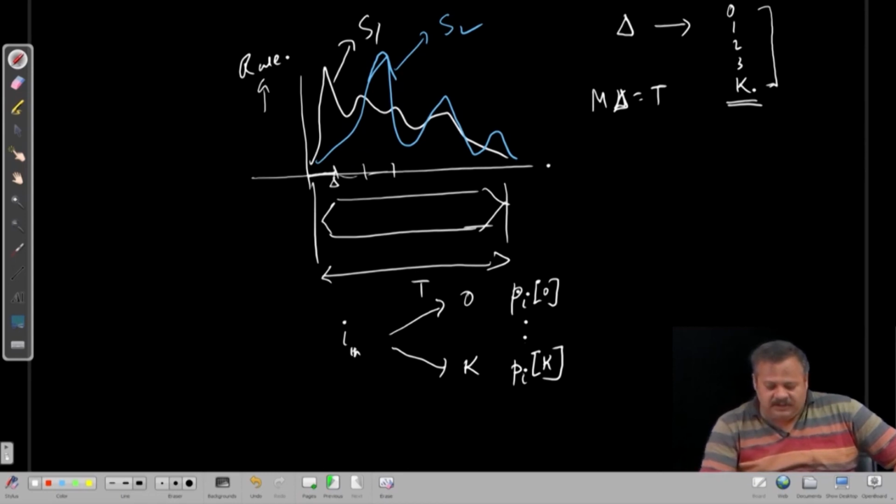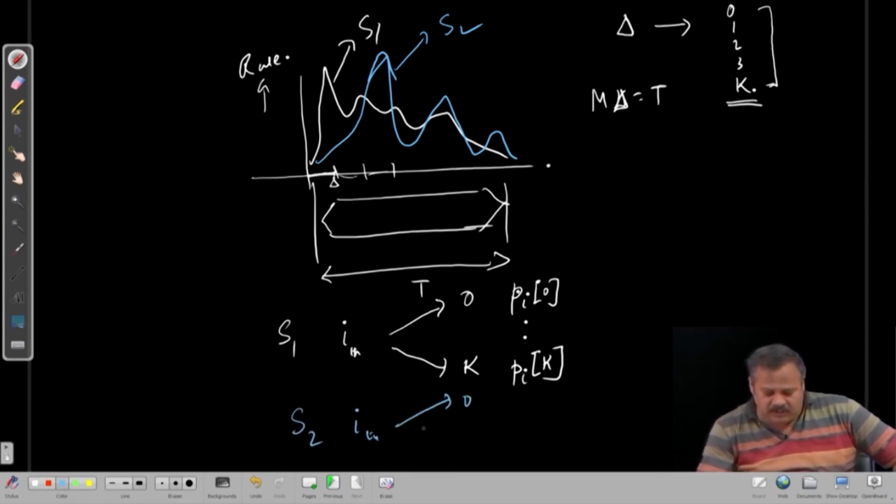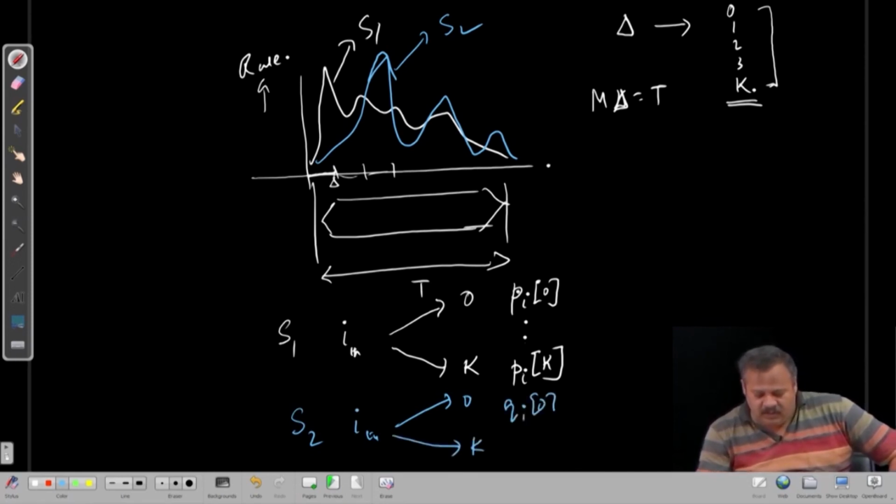Similarly, for stimulus 2, in the ith bin again the possible values are 0 to K, and we have Qi of 0 up to Qi of K.